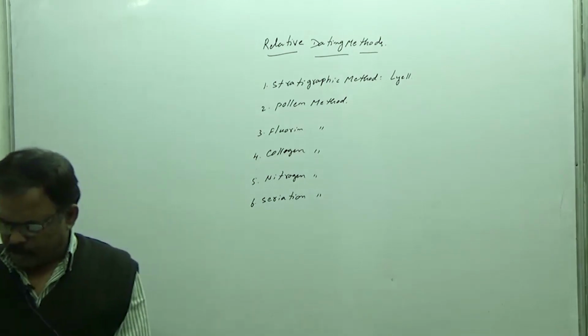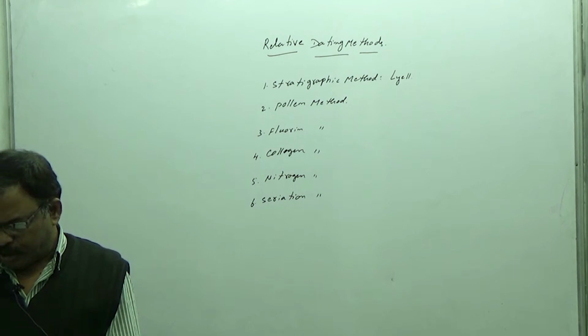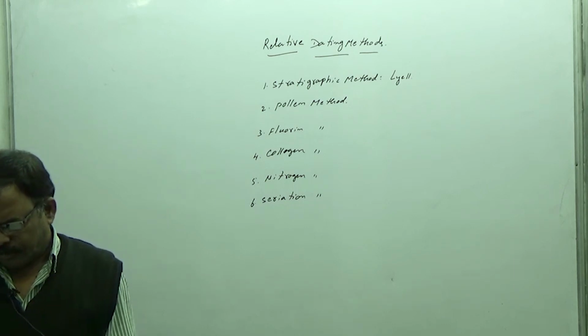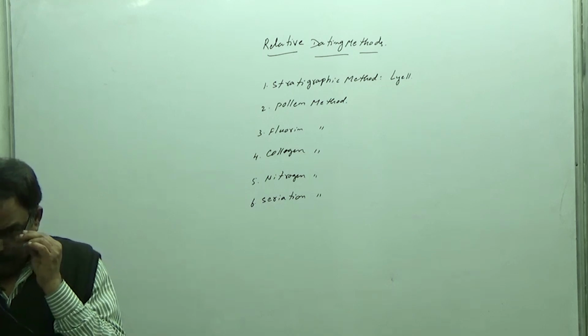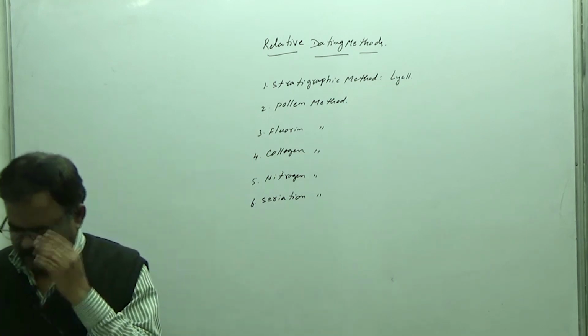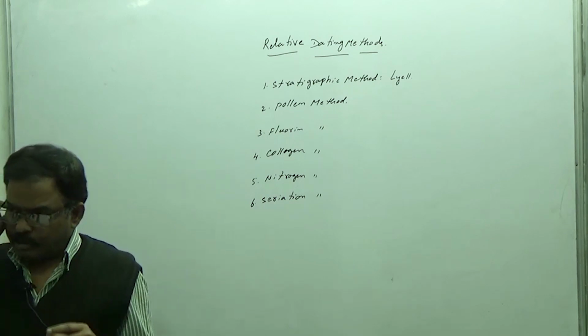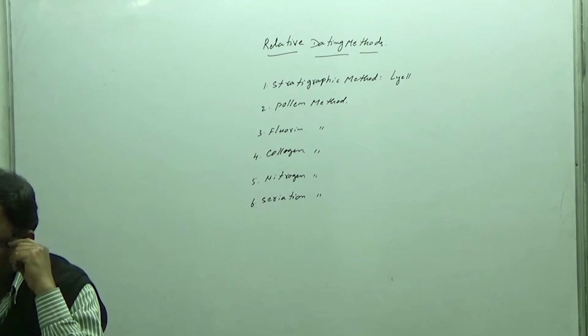Relative dating methods are not absolute, but scientific. They are scientific, but not absolute. They are based on some known facts.